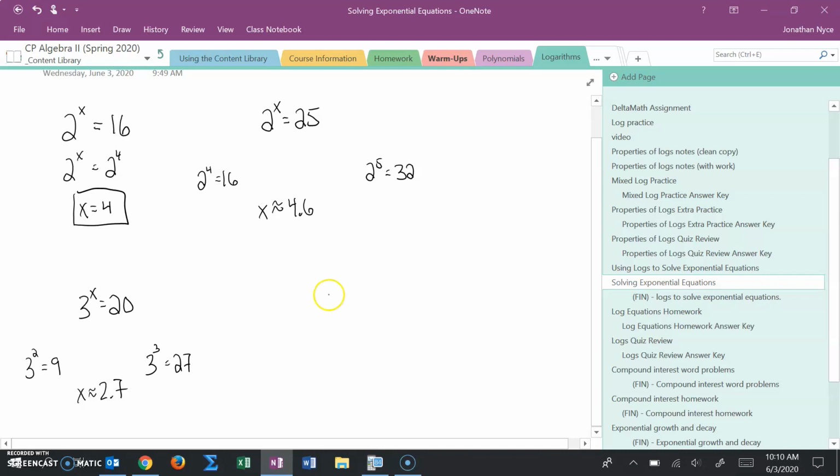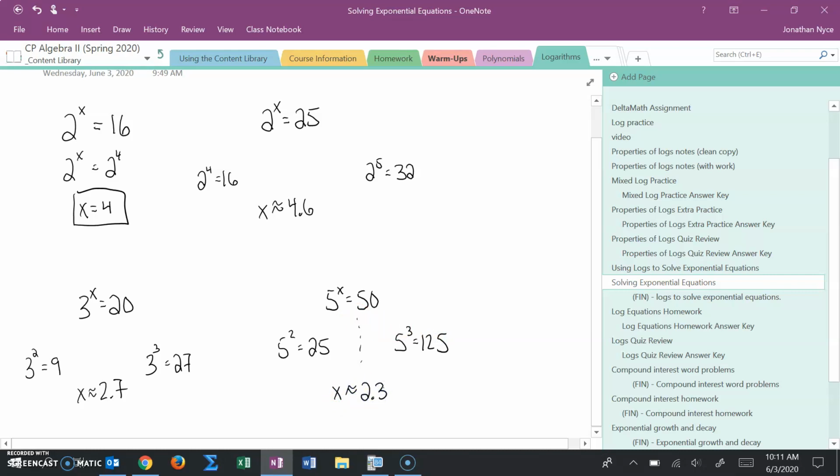And same thing if we had, let's say, 5 to the x power equals 50. So we know 5 to the 2nd is 25, and 5 to the 3rd is 125. So in this case, our x has to be somewhere between 2 and 3, maybe 2.3, something like that.